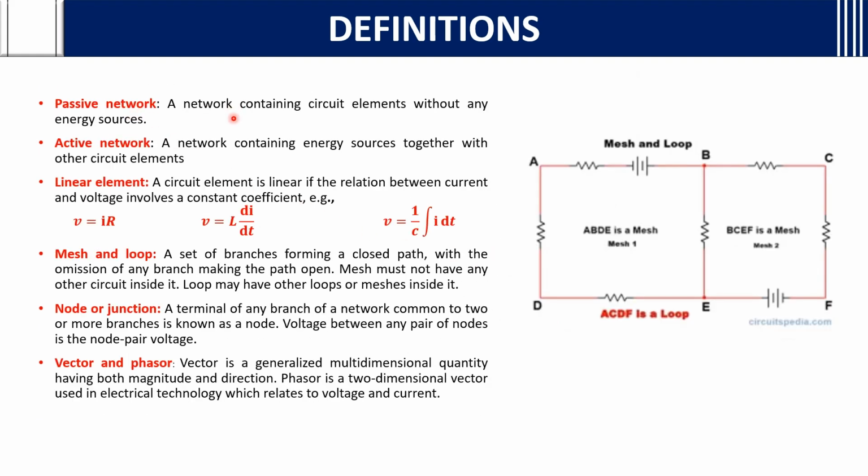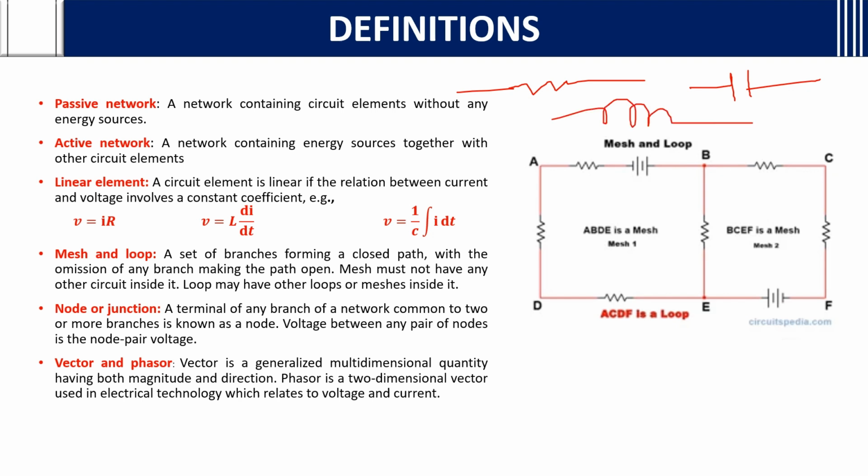Passive network, a network containing circuit elements without any energy sources. A resistor is a passive network, a capacitor is a passive network, and an inductor is also a passive network. Why?